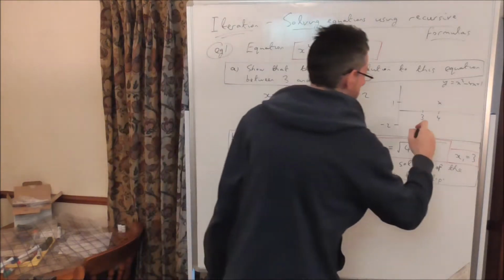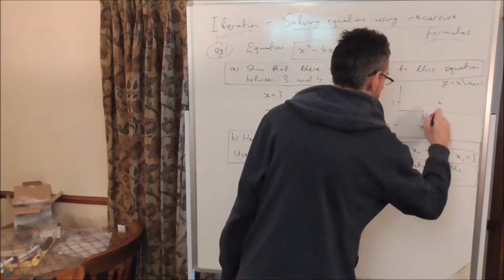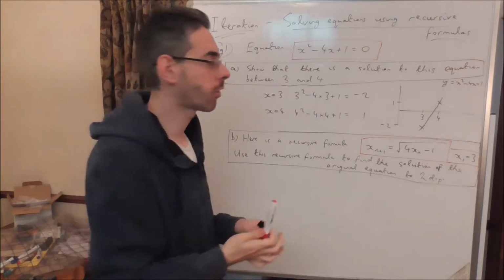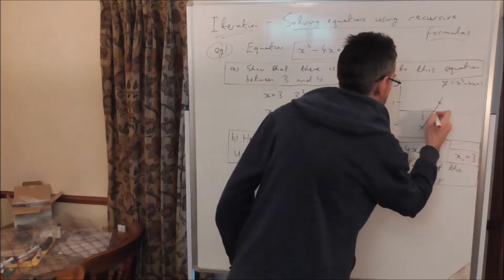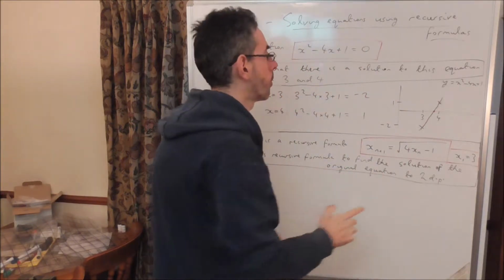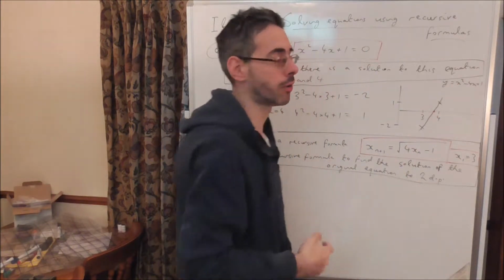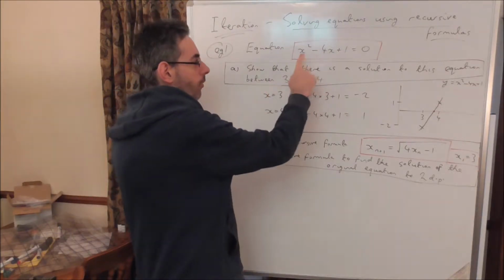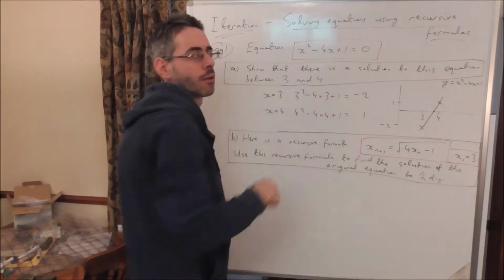I'm not sure exactly what the graph looks like, but these points would join somehow. And you can kind of see that there must be a number between 3 and 4, right there, that if you were to put it into this expression, you'd get a y value of 0. So that does suggest there is a number between 3 and 4 that if you put it into the expression, you would get the answer 0.